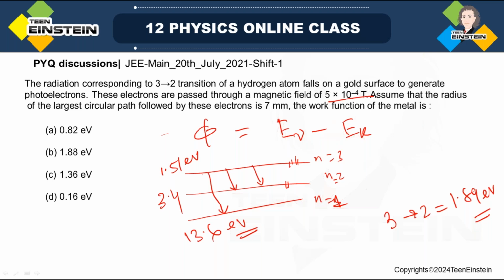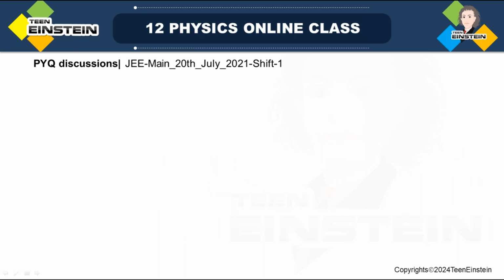Okay, 5 into 10 to the power minus 4 Tesla. Okay, so we need to find out work function. So before that, let us check few more things.